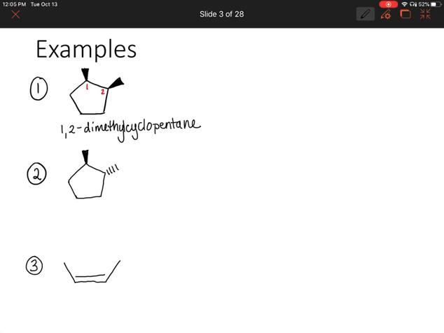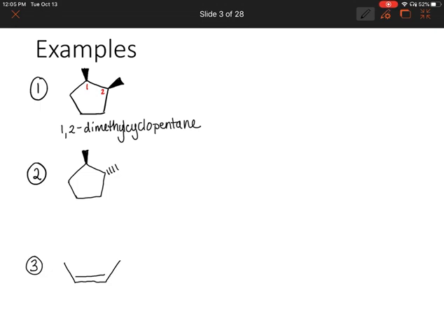Okay, but isn't the second molecule also 1,2-dimethyl cyclopentane? So how do we make sure that they're different? Well, you'll notice that in molecule 1, we have 2 wedges, right? And they're both pointing up towards us.